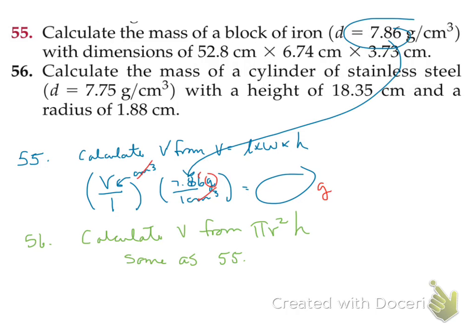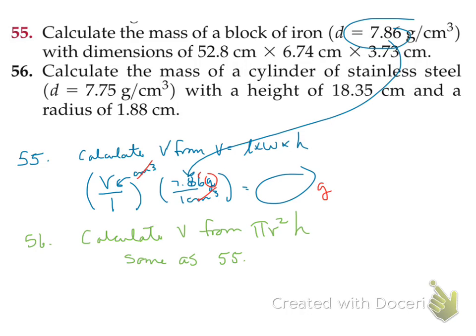The next one is very similar. Again, you're given the density, but the shape of this object is a cylinder. In the back of your Petrucci book, it tells you how to calculate the volume of a cylinder. It's base times height, and the base is the area of a circle, which is pi r squared, and then times height. Those 2 dimensions are given.